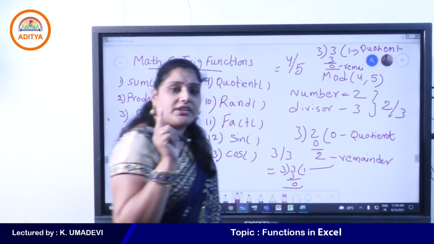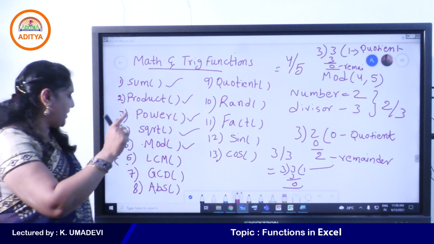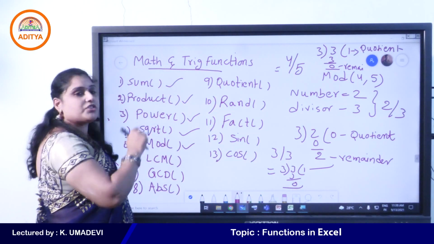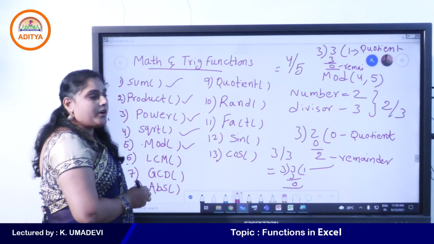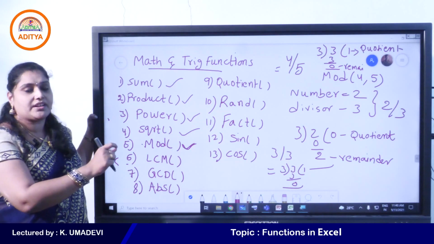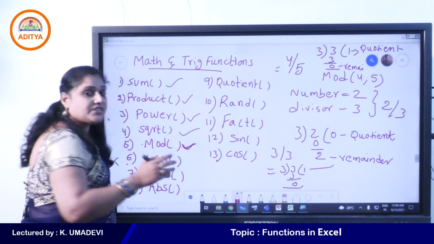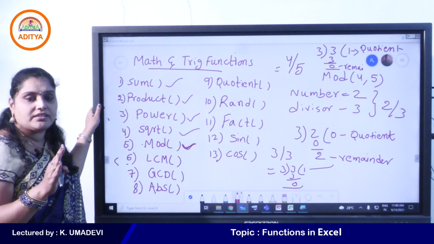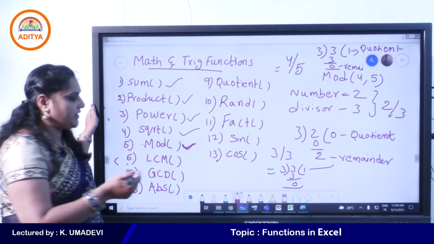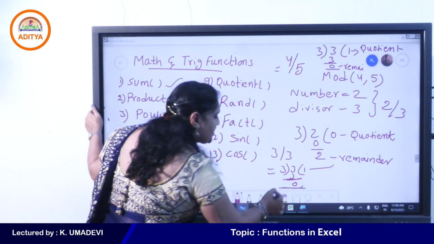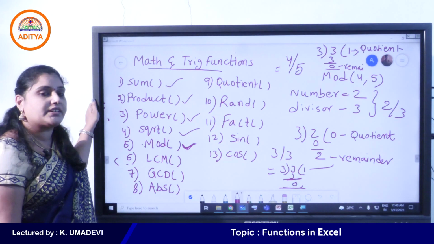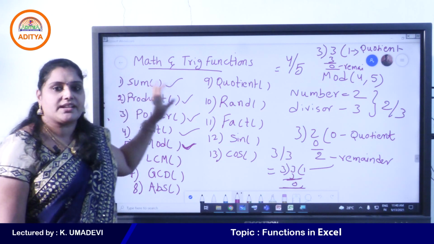See, if you want to return the quotient as the result, simply you can use quotient function. As we have one more function, that is quotient. But as mod function always returns the remainder as its result, the remainder is always in integer values, right? Yes, quotient contains decimal point values. But the remainder is always in integer values. So mod function returns remainder as its result.